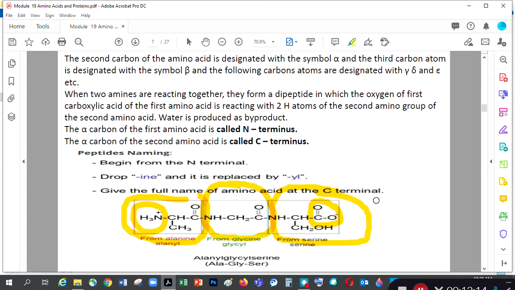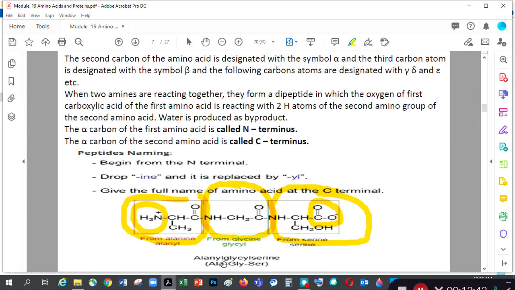Now, how to name this? This is alanine, this is glycine, this is serine. Well, it turns out each amino acid is abbreviated by 3 letters, with the first letter being capital. Alanine, I'll put capital A, L, A, so A-L-A.